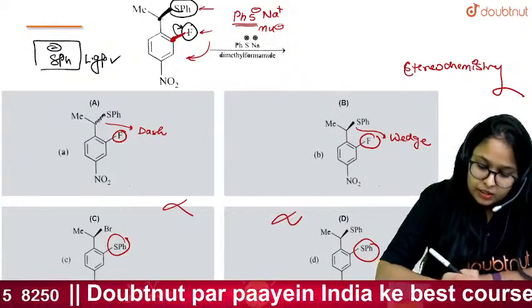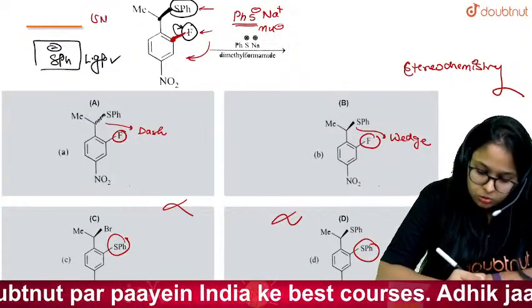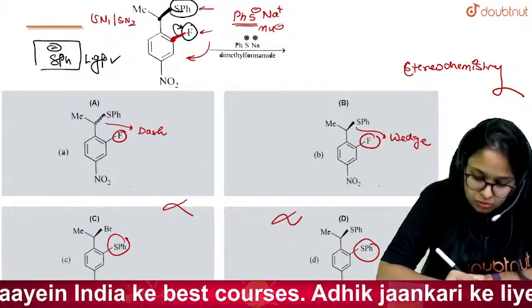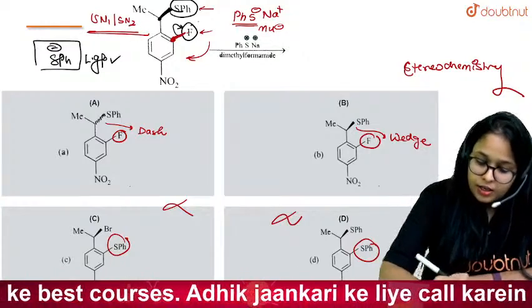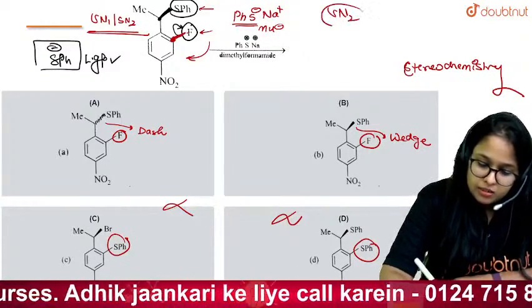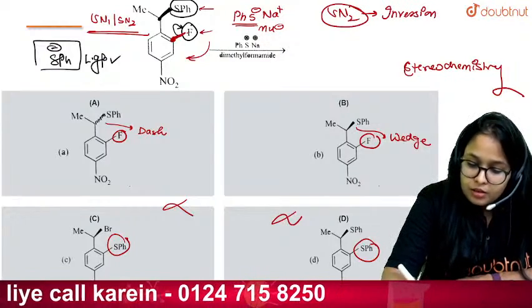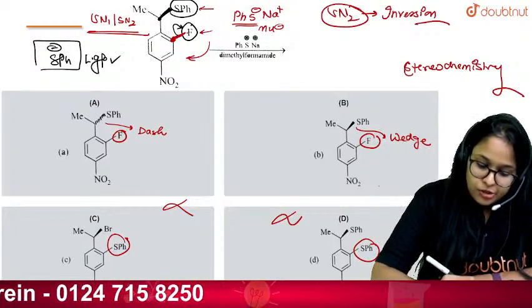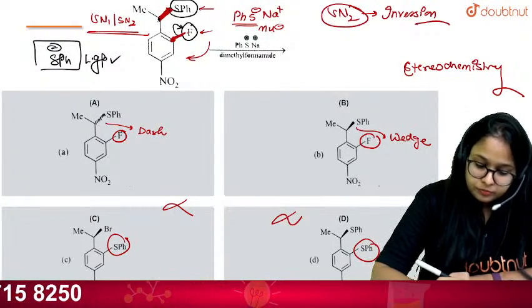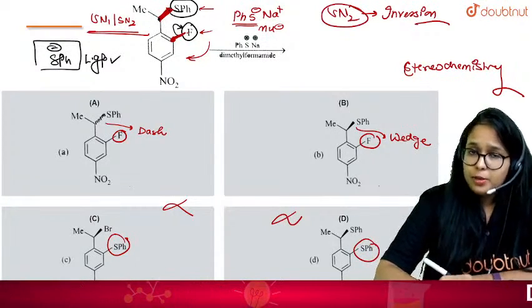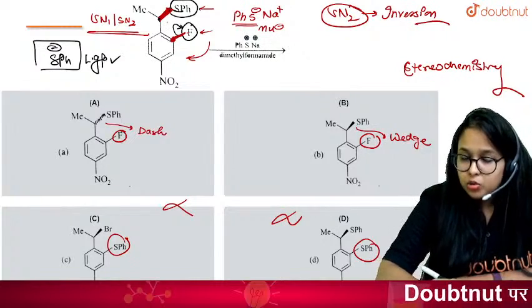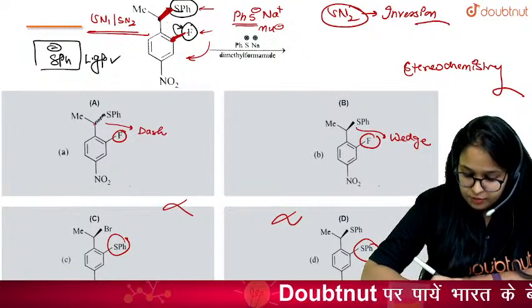How do we decide it? We'll decide it according to SN1 and SN2 reaction. We'll discuss this later. In this reaction, SN2 mechanism is followed. In SN2 mechanism, inversion happens. Inversion means if in the substrate your leaving group is at wedge position, the upcoming nucleophile will attach itself from the dash position.